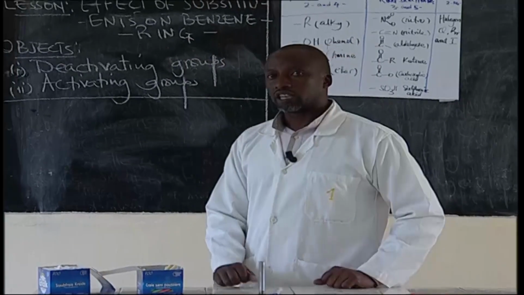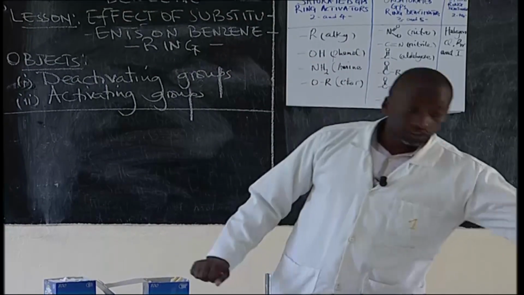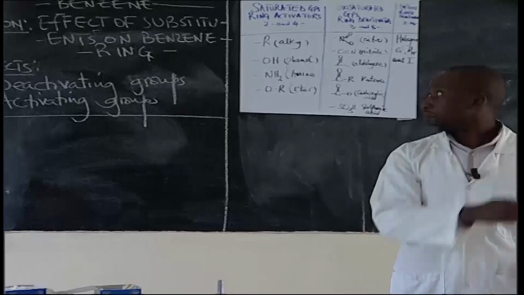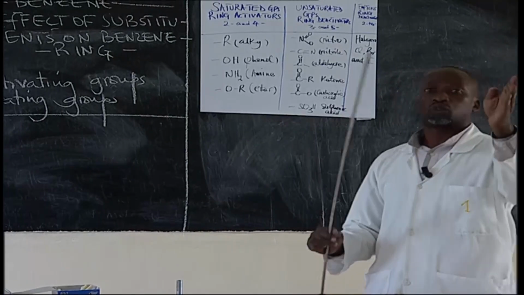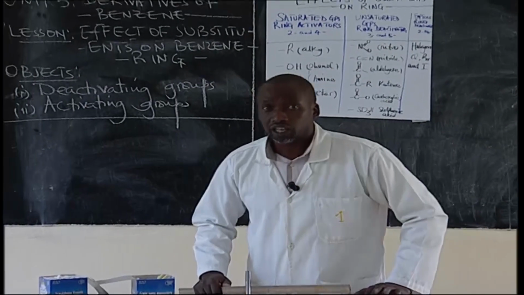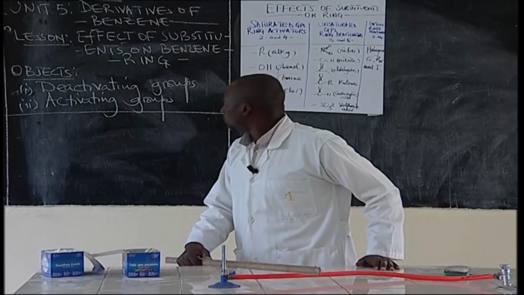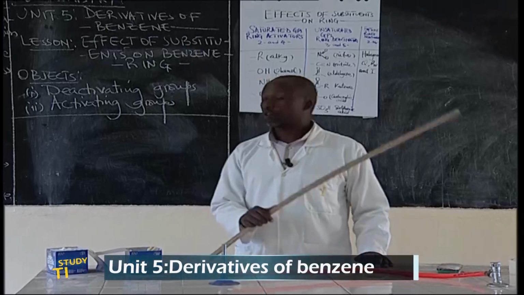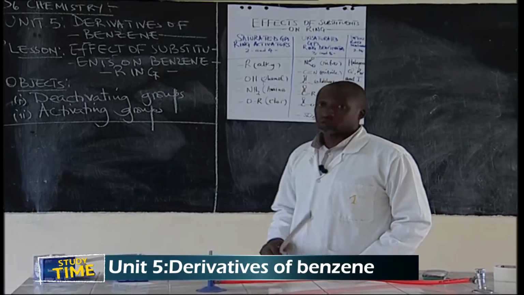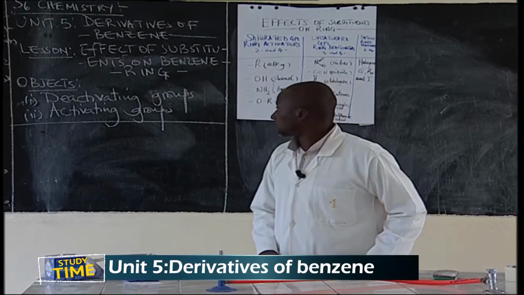In the previous lesson, if you remember very well, we talked about the benzene, the structure of the benzene, looking at the timeline of the benzene structure. That was the Kekule's model structure.